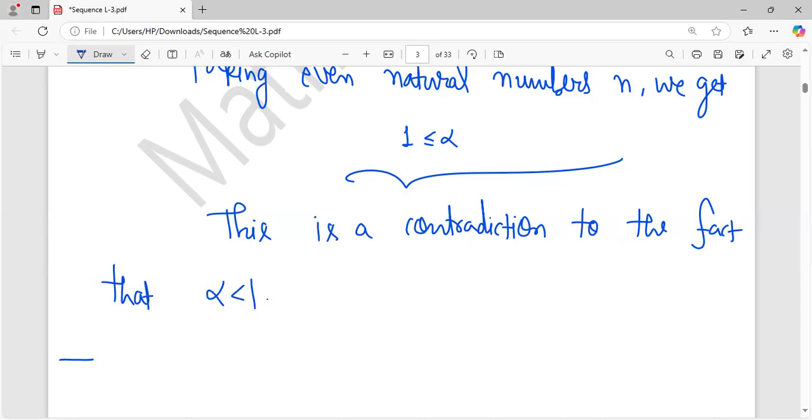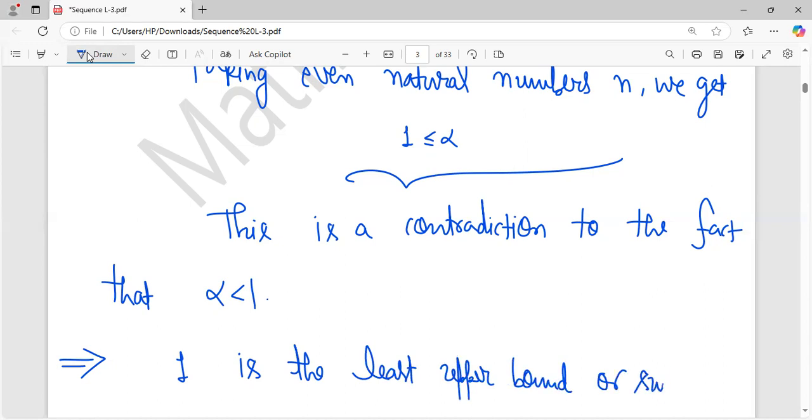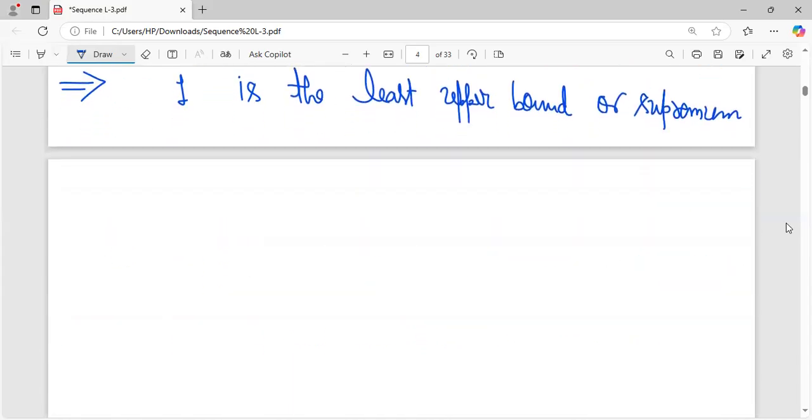So this implies 1 is the least upper bound, or supremum, for the sequence (-1) to the power n.